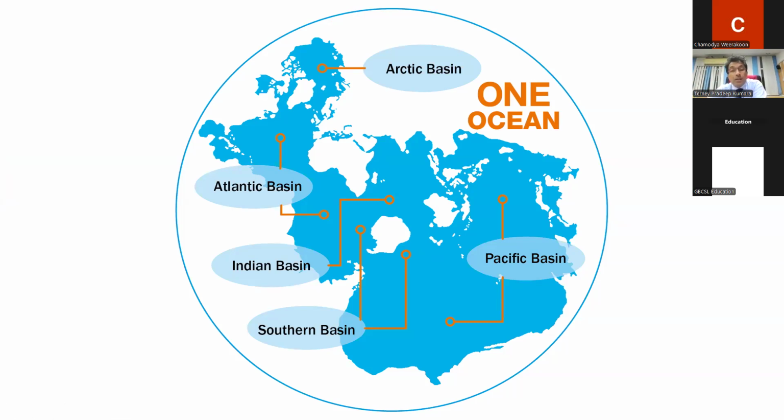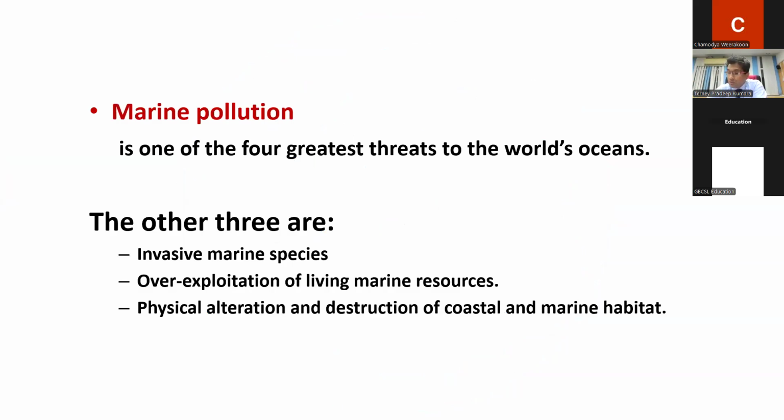We should know that. In the ocean there are a number of issues, but there are four major ones: invasive species, overexploitation of living resources, physical alteration and destruction of coastal marine habitats, and marine pollution. Out of these four, marine pollution is one of the most critical issues we are tackling, especially in the marine environment.